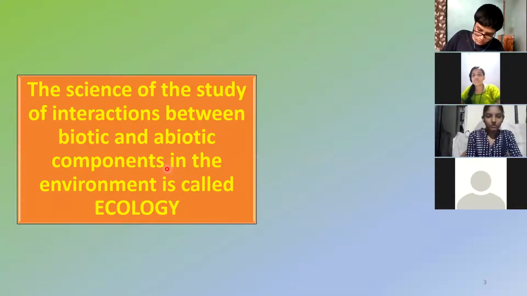Correct? Both the components were interacting with each other. The study of how they interact and depend upon each other, that science, is known as ecology.